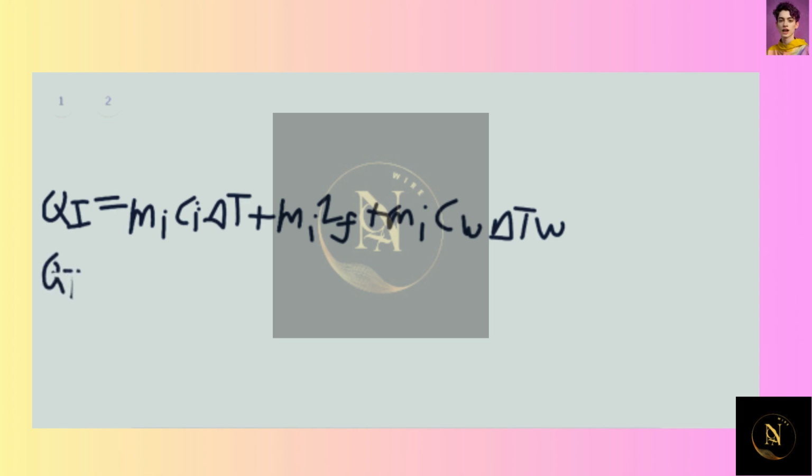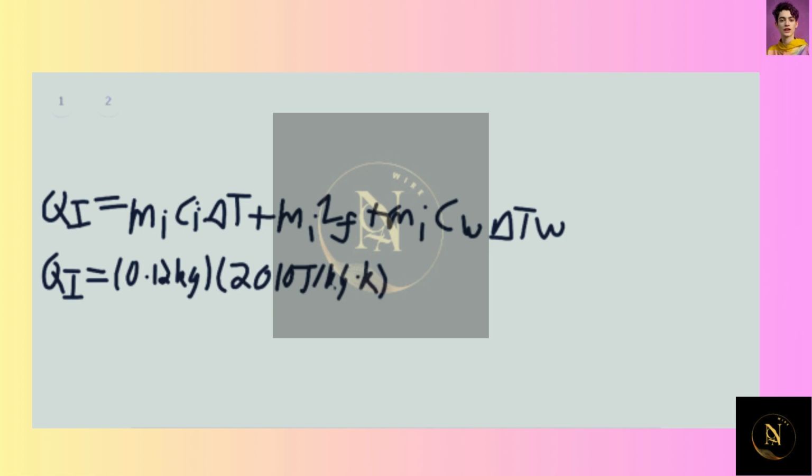So Q ice equals 0.12 kilograms. C of ice is 2010 joules per kilogram K. And our change is 15 degrees Celsius, 0 minus negative 15.